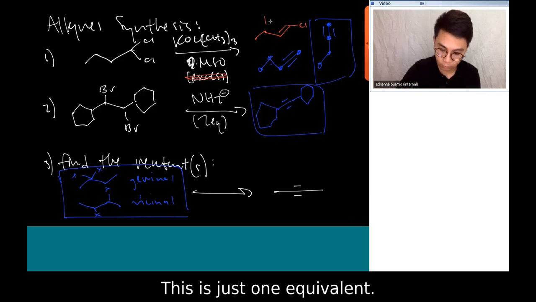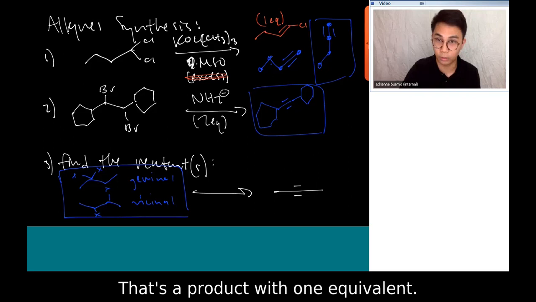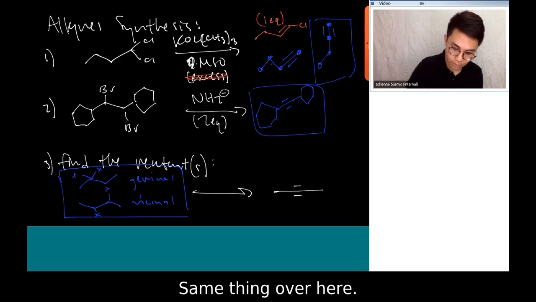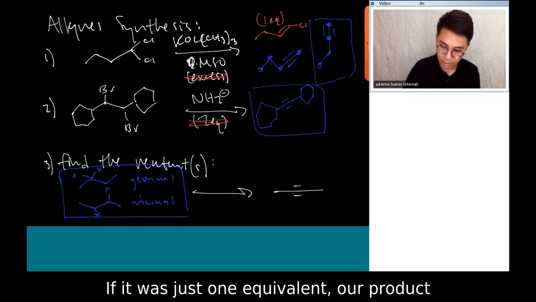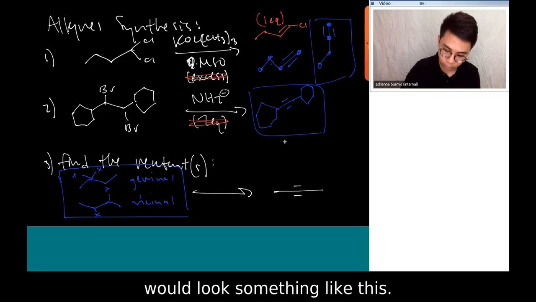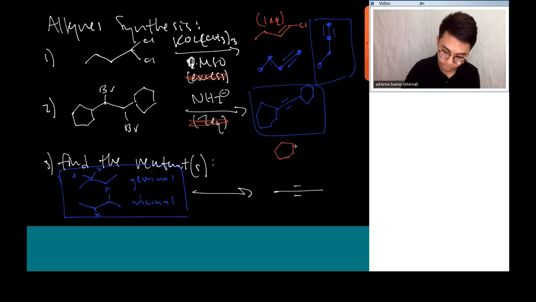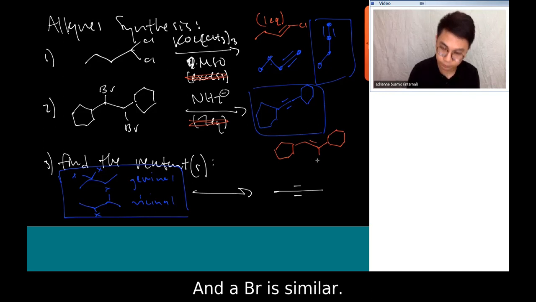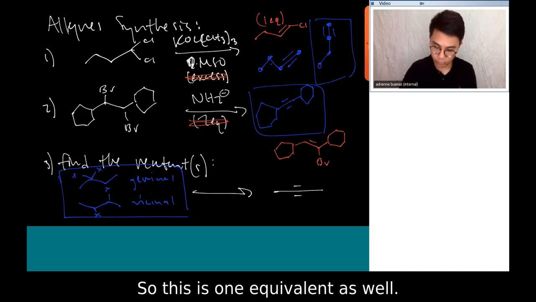This is just one equivalent, a product with one equivalent. Same thing over here. If it was just one equivalent, our product would look something like this, with a Br somewhere. So this is one equivalent as well.